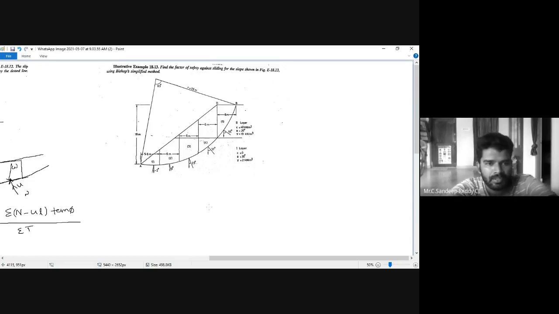Alpha is equal to 2 degrees, 9 degrees, 23 degrees, 37 degrees, 55 degrees. The same procedure, but the only thing you have to consider is E. What are the forces acting among the individual slices? Here one more thing is also mentioned, that is pore water pressure, and there are 2 different soil layers.